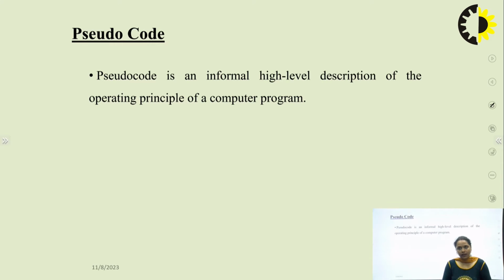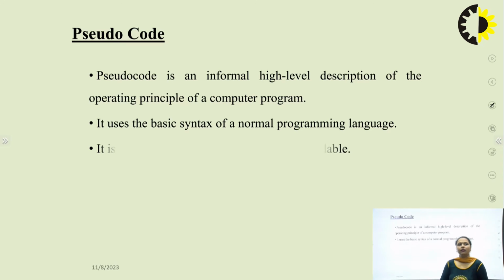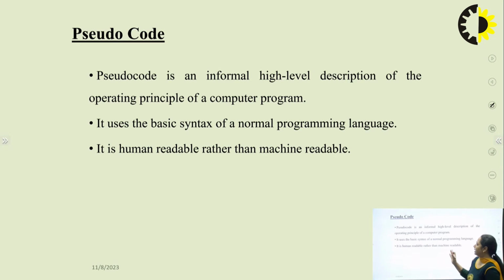So for algorithm, there is no such rule to write these steps, but for pseudocode, it must follow the programming syntax. So we can say pseudocode uses the basic syntax of a normal programming language and is human readable rather than machine readable. So I hope the difference is clear between algorithm and pseudocode.